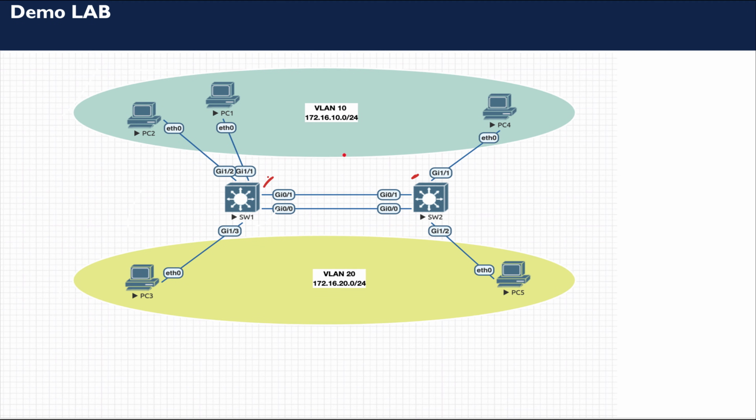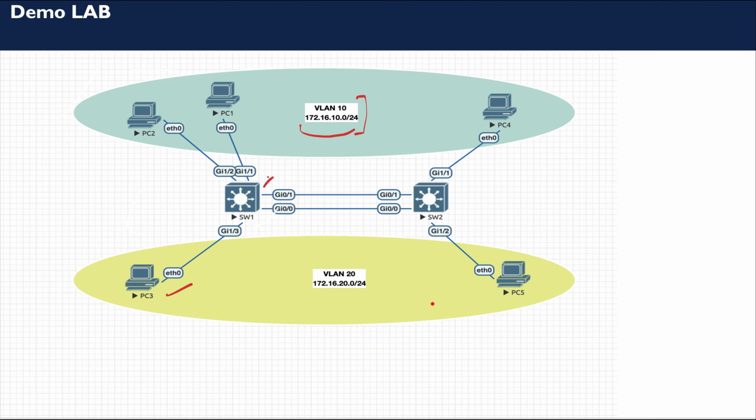So let's just quickly go over this topology to clarify things before we start configuring. So we have two switches, switch 1 and switch 2. PC1 is connected to gigabit 1/1, PC2 to 1/2, 1/3 is connecting PC3 and so forth, and it's the same convention for switch 2 where PC4 is connected to 1/1, and they are all on the same subnet 172.16.10.0/24.